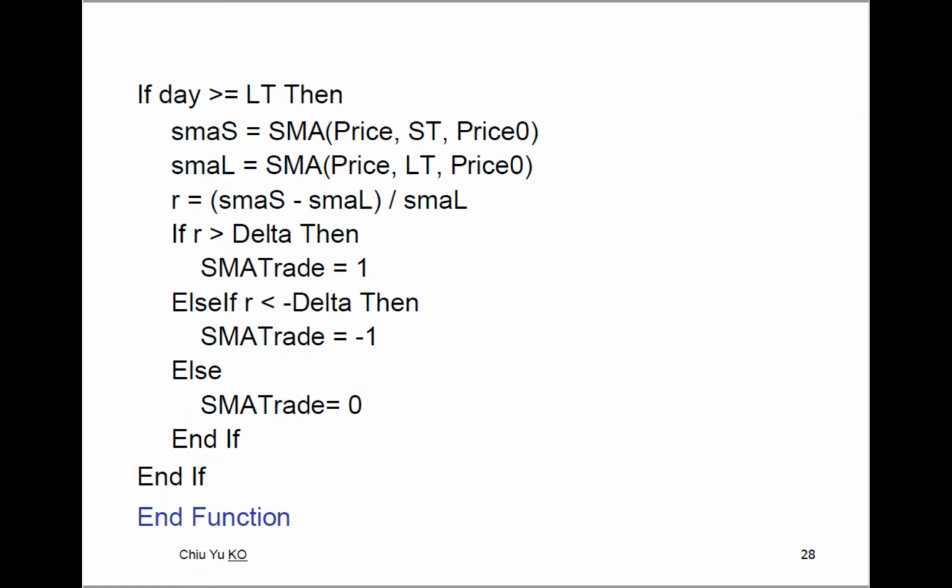And we only calculate when the day is more than the long run, because then both the long run and short run are available. When day is more than the long run day, you have both short run and long run prices. So you have the short run price with the SMA function, which is a function that we used in the previous video. And SMA long is the long run SMA.